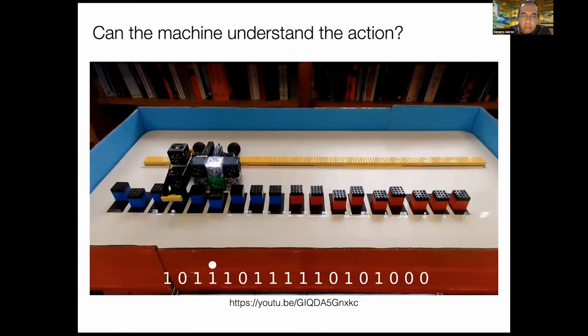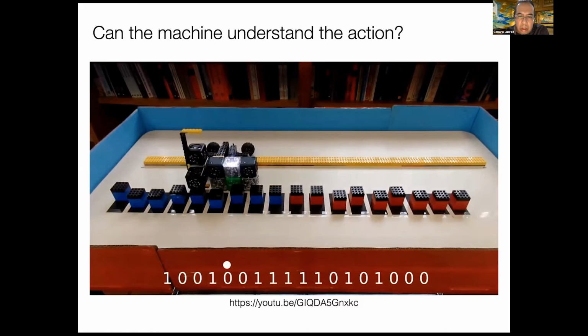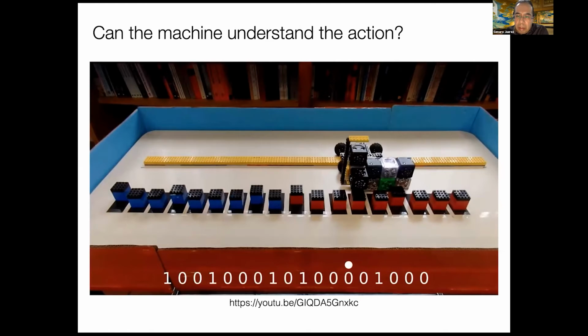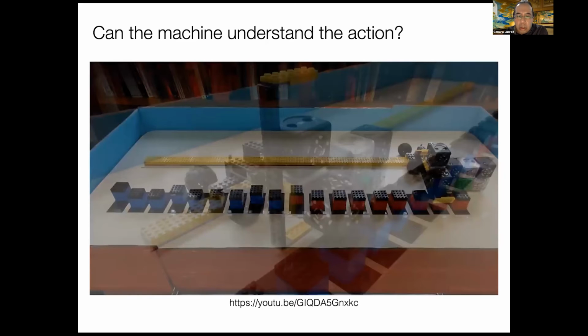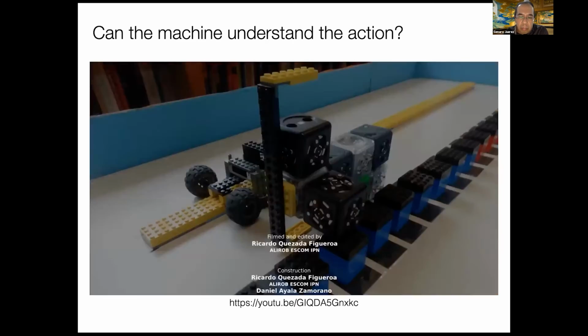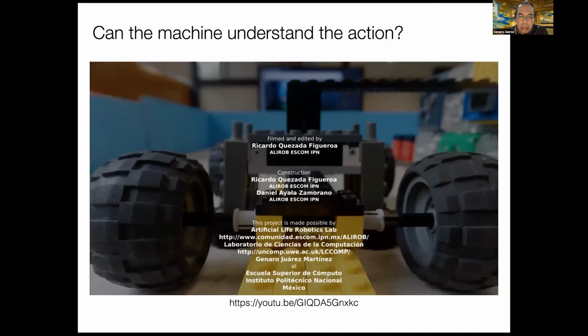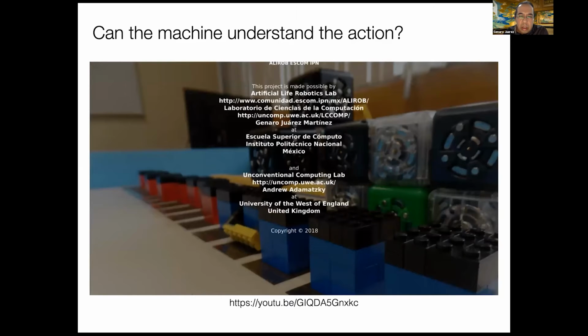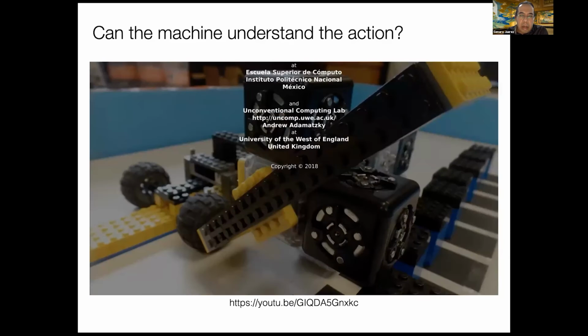The tape is characterized by blocks of Lego pieces, but the Turing machine is implemented in this rotator action. The rotator moves the branch and decides if the value will be changed or not.